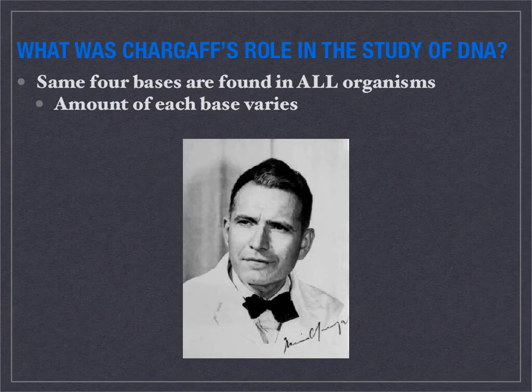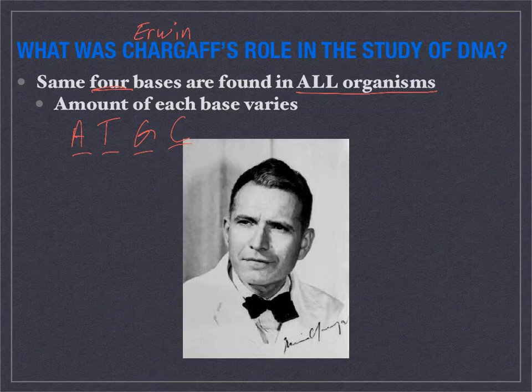Back in the early studies of DNA, right before 1950, Erwin Chargaff was studying the DNA of several different organisms, and what he found was that those same four bases, adenine, thymine, guanine, and cytosine, appeared in every living thing that he studied. The amount of each base varied, but all four were in the DNA of every organism.